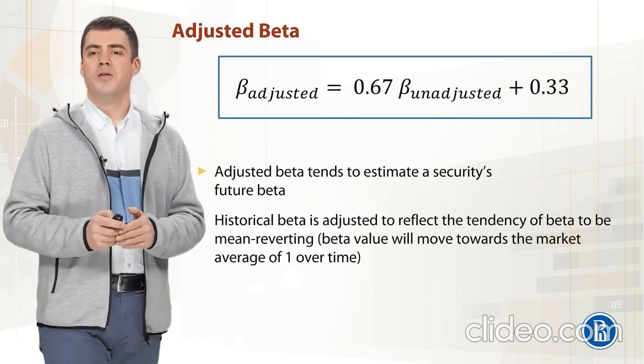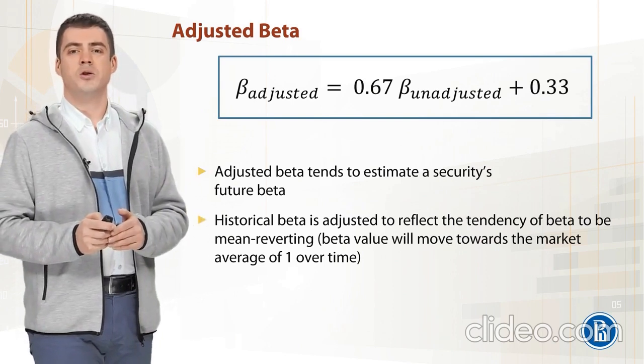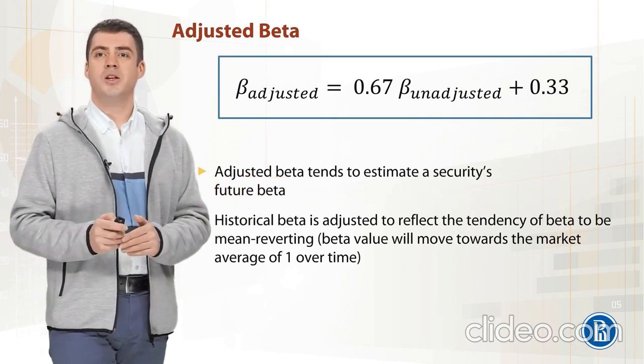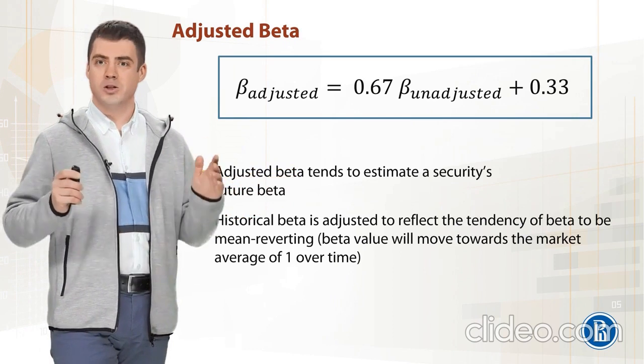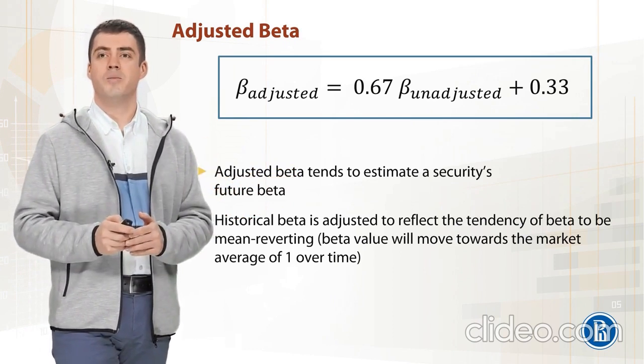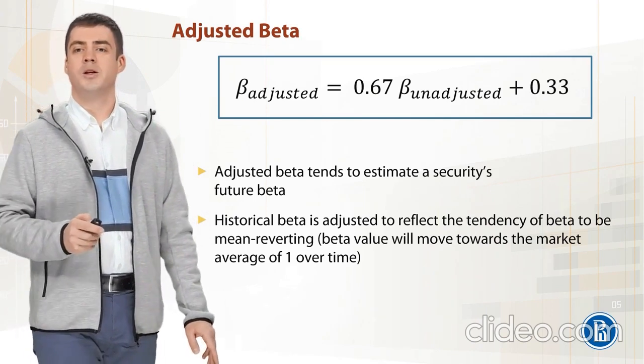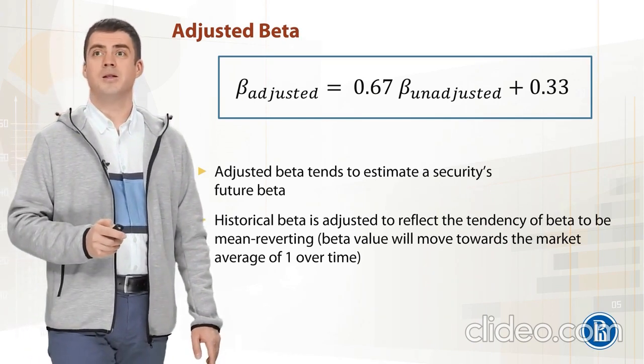According to Blume, there is a tendency of betas to converge towards the mean of all betas. He describes this tendency by correcting historical betas to adjust the beta to revert to 1, assuming that adjustment in one period is a good estimate in the next period.